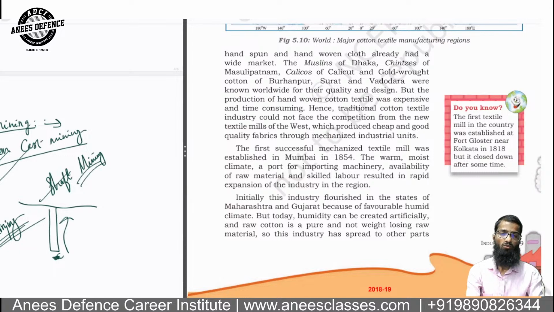So money was also being put in. The muslins of Dhaka, the chintz of Masulipatam, calicoes of Calicut, right? Very important. The first textile mill in the country was established at Fort Gloster near Kolkata.